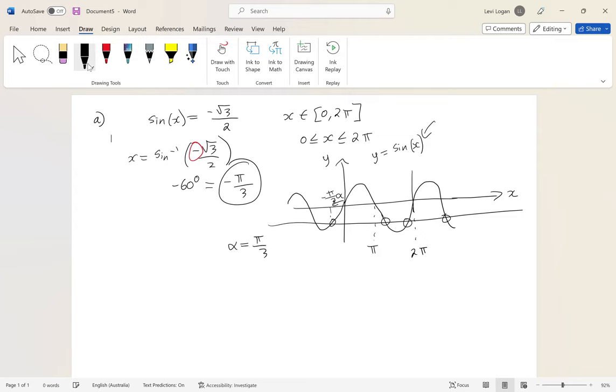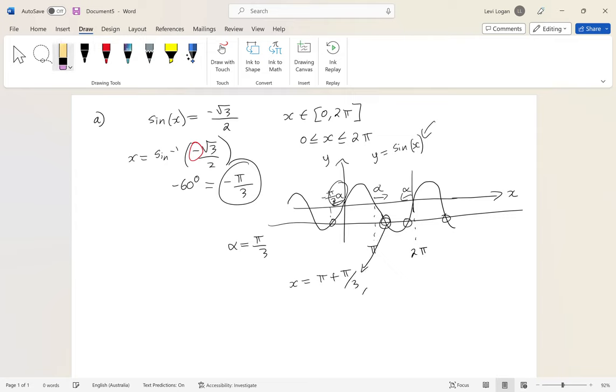If we want to find our solutions up here in the positive region, the difference here is going to be the same difference here and the same difference here. So it's going to be alpha here and alpha here. So x is equal to, our first solution is going to be pi plus pi over 3. That's going to be our solution here.